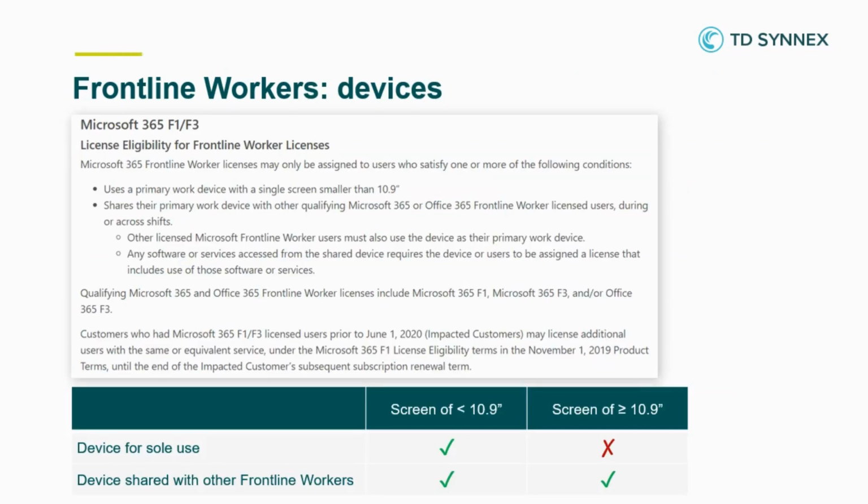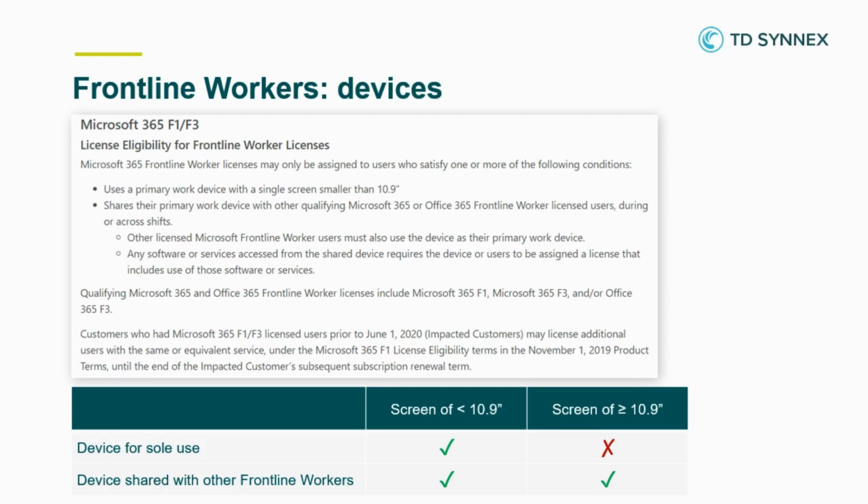Now, it is worth appreciating that there are some rules regarding who is eligible for the Frontline Worker license, and you can see here a snippet from the product terms site. And it says that the Frontline Worker license can only be assigned to a user whose primary device has a single screen which is smaller than 10.9 inches in size, or that they share a work device with any screen size with other Frontline licensed workers during or across shifts.